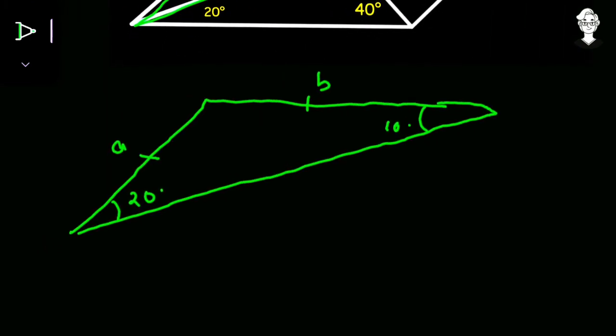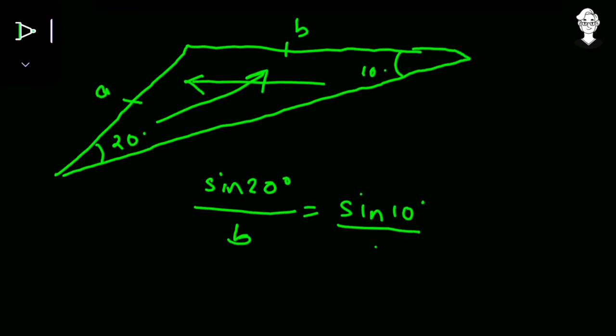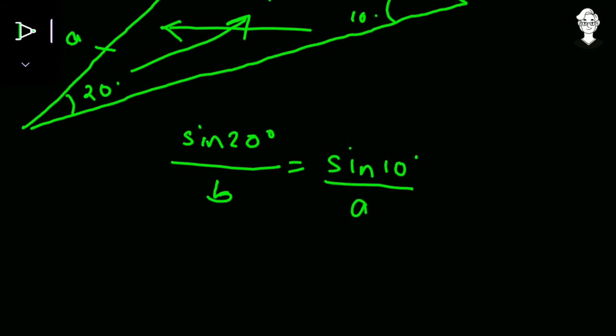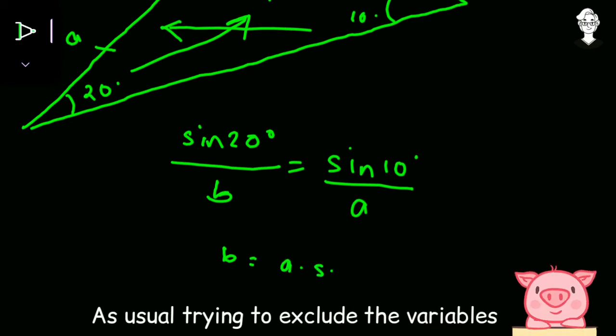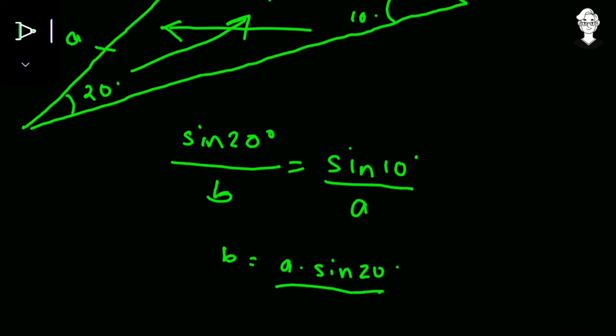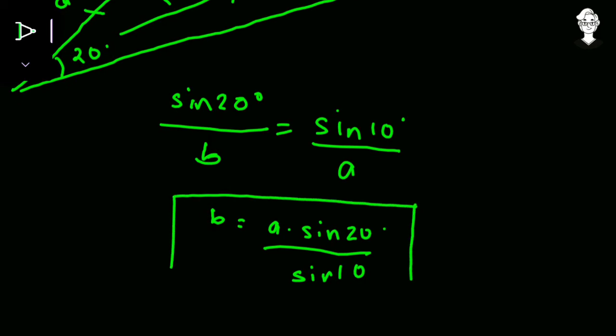So according to that, I take sine of 20 degree upon its opposite side, which is B, and that is equal to sine of 10 degree upon its opposite side, which is A. Sine 10 upon A is equal to sine 20 upon B. So from here let me obtain the value of B in terms of A: A into sine 20 degree divided by sine 10 degree, and that's the value of B.